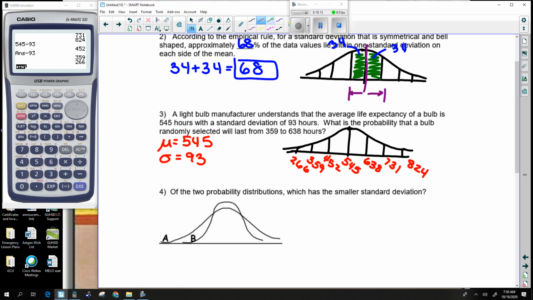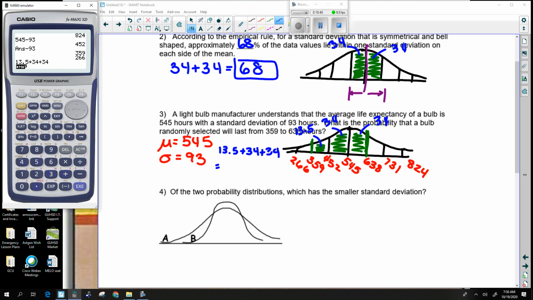All right, so they want it from 359 up to 638. Okay, so this is 34, this one's 34, and this one's 13.5. So this is going to be 13.5 plus 34 plus 34, which is 81.5.